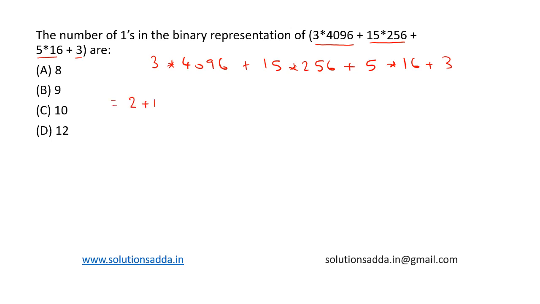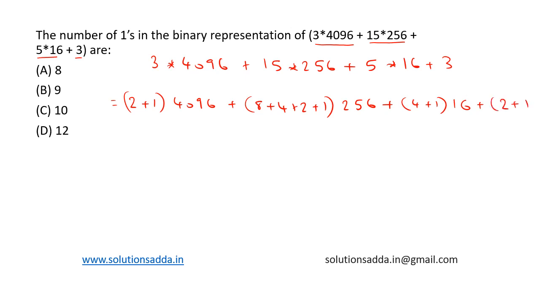3 can be written as 2 plus 1 into 4096. 15 can be written as 8 plus 4 plus 2 plus 1 into 256. 5 can be written as 4 plus 1 into 16 plus 3 can be written as 2 plus 1.